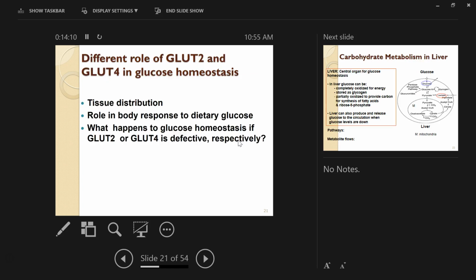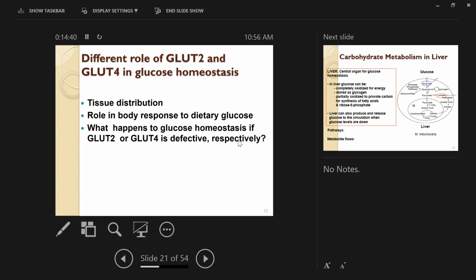Okay, so the different roles of GLUT2 and GLUT4 in glucose homeostasis we discussed already, right? GLUT2 basically is expressed in beta cells and also liver, and GLUT4 mainly in the skeletal muscle and adipose tissue, but these two transporters regulate glucose differently, at different stages of response.